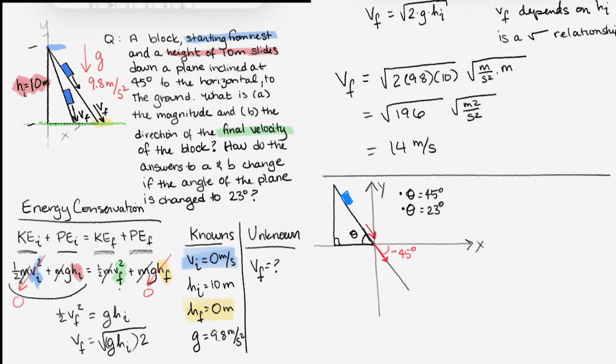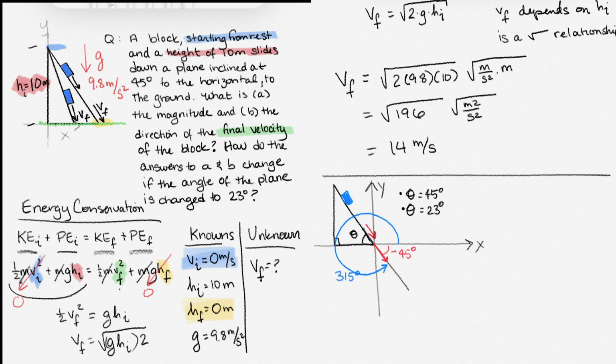And to do that, you actually start at the x-axis and go all the way around and come back to that same line that your vector is on. And this one would be 360 minus 45, which would be 315 degrees. That would be the positive number.